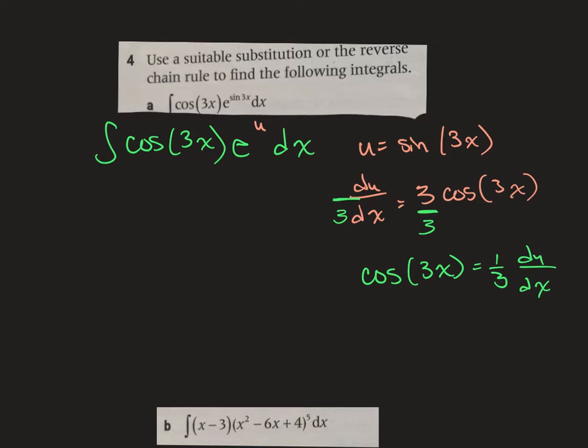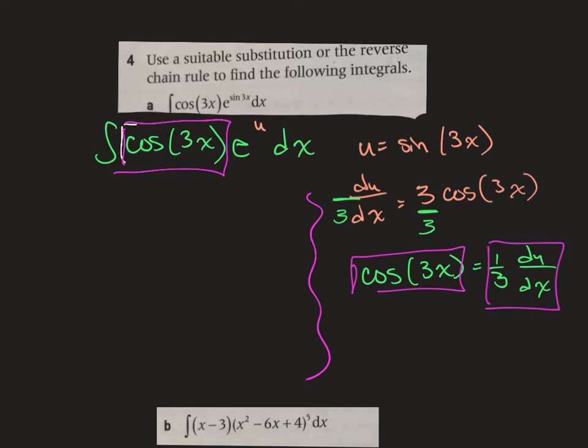And then I'm just going to replace the cosine of 3x with 1/3 du/dx. So I'm going to get the integral of 1/3 du/dx e to the u dx. And then we're going to simplify our dx's.